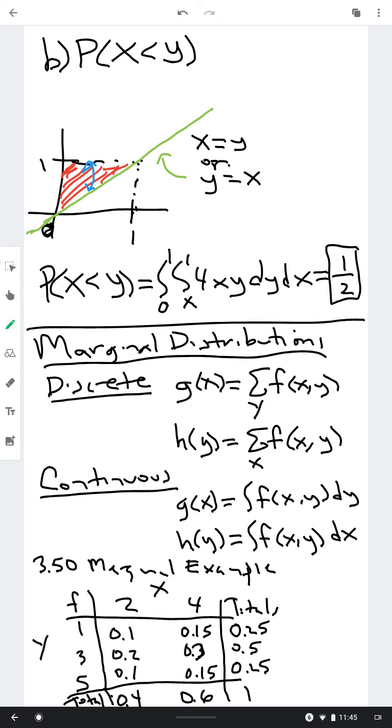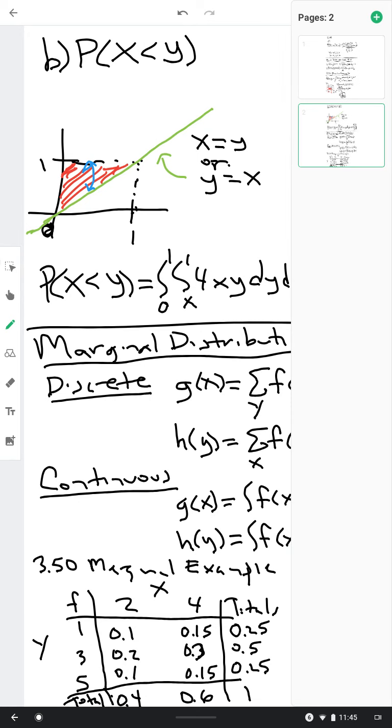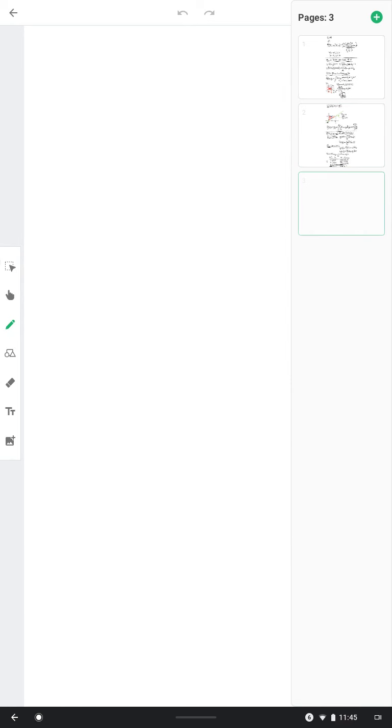Let me rewrite them so that they have their own table for the marginal distributions. I can say x and g of x: x is 2 and 4, and g of x is 0.4 and 0.6.